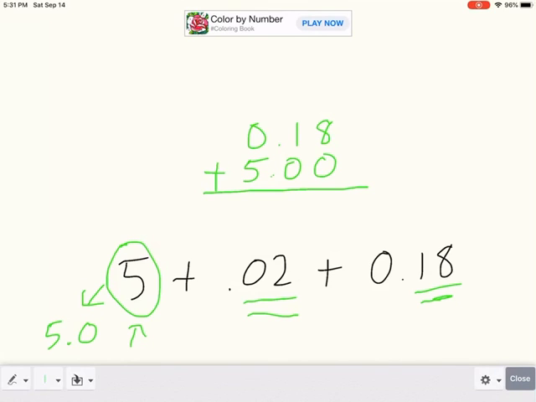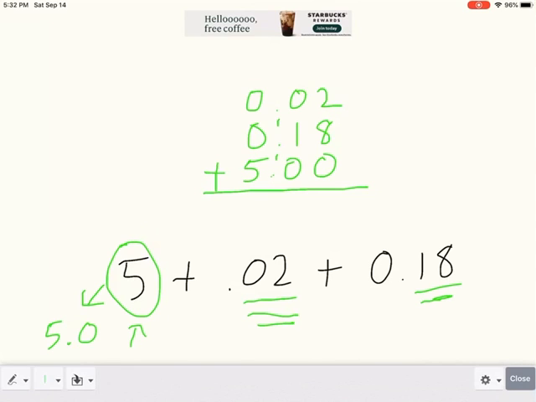And then for our 0.02 here, we're going to write that leading zero for it to make sense to be as many digits as the rest of the problem. We're going to write 0.02. So we lined up all our decimal points, right? We lined them up. That's the point here. Making sure that those are lined up will make decimal addition really easy.